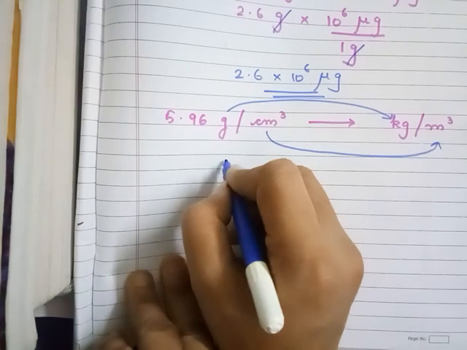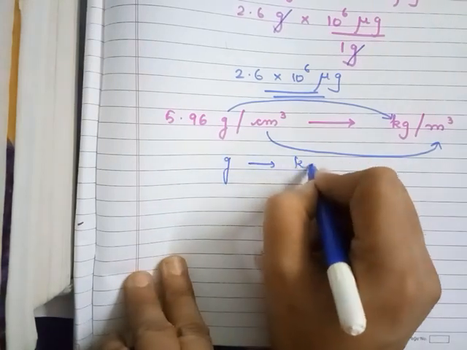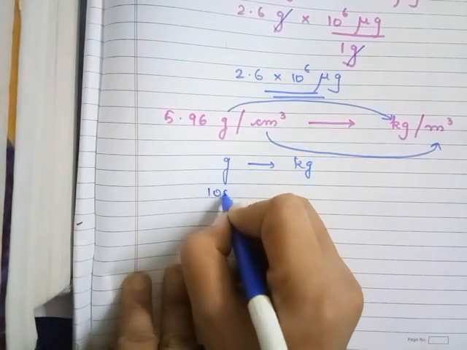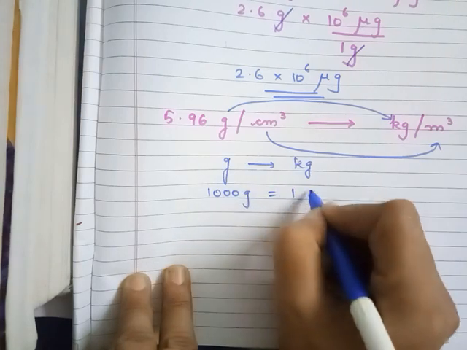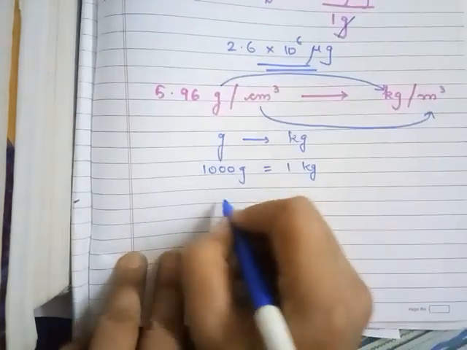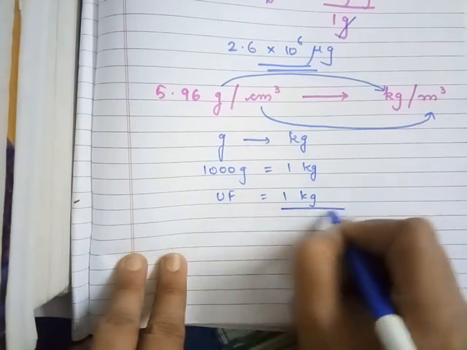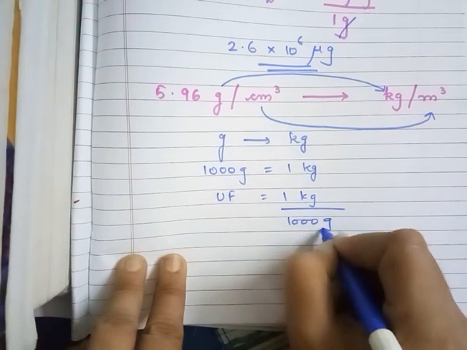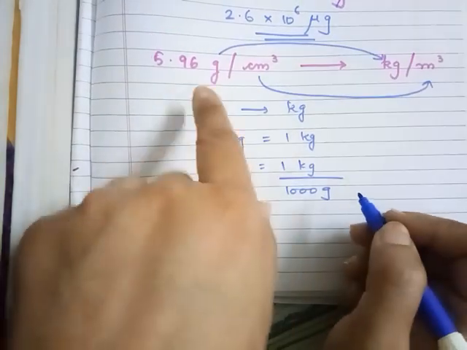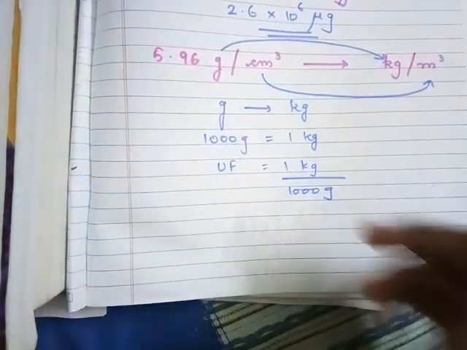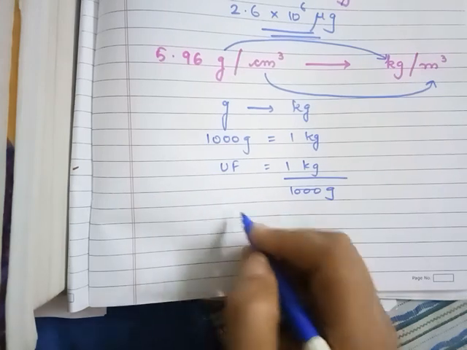First is how to convert gram to kilogram. We know that 1000 gram is 1 kilogram. So the unit factor over here is 1 kg upon 1000 gram. So I'll multiply this number by this so that my gram changes to kilogram.